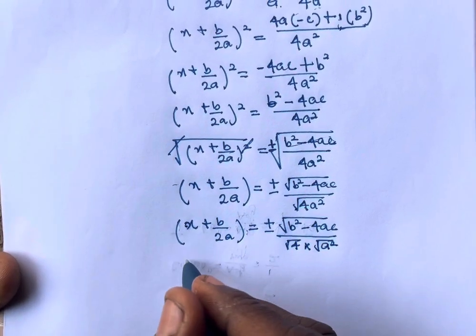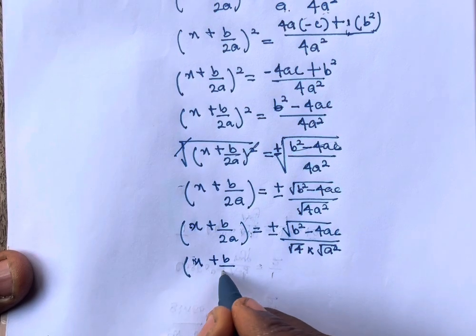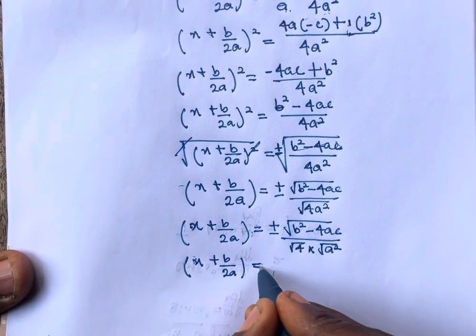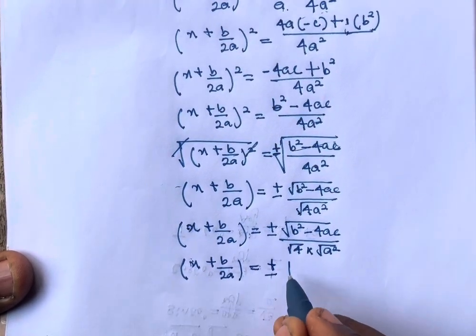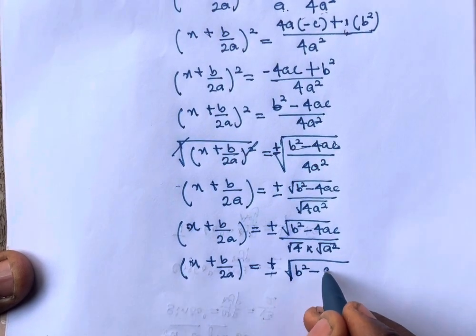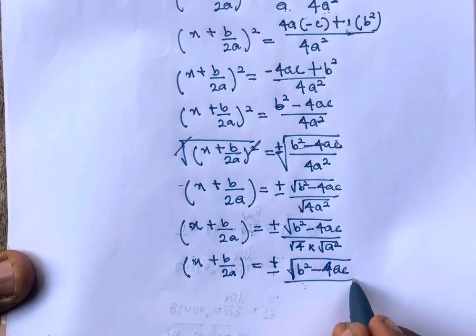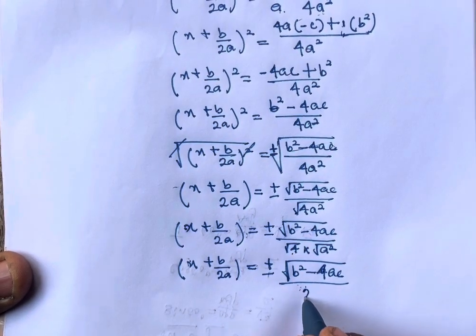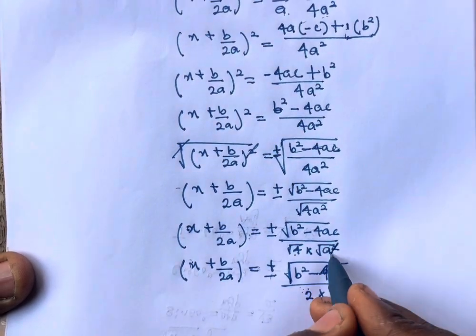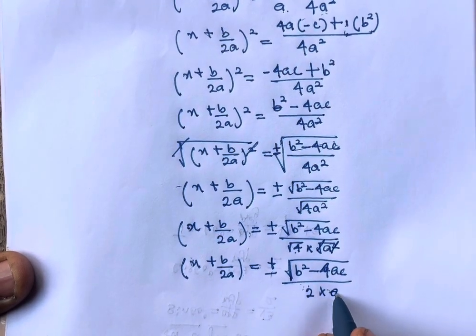Then we have x plus b over 2a is equal to plus or minus the square root of b squared minus 4ac divided by the square root of 4, that is 2, multiplied by, with this we cancel out the square, the square root, we have a.